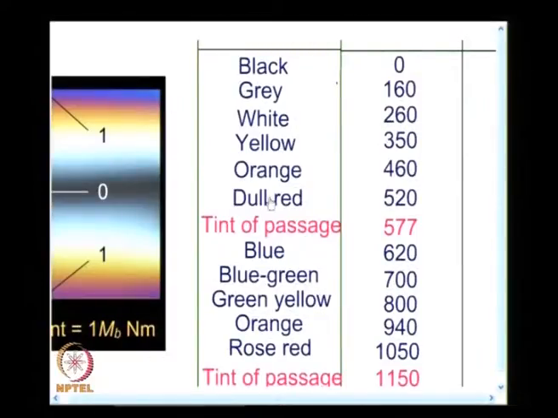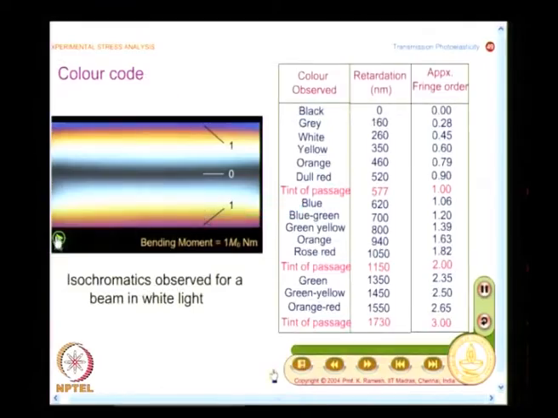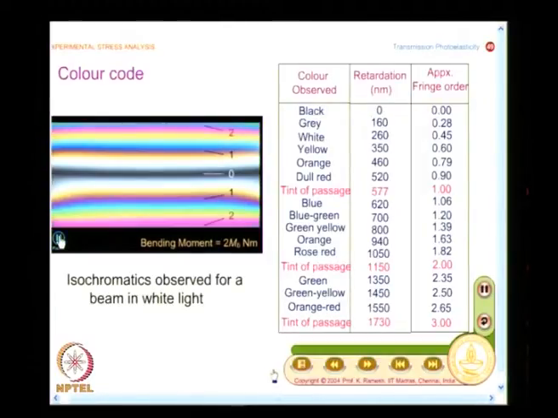And what you see here, I see a dull red to blue, and that is what you see here. My interest is to show you the difference between fringe order 1 and fringe order 2. We will see fringe order 2 here, fringe order 2 here, and this is fringe order 1. I will just magnify.